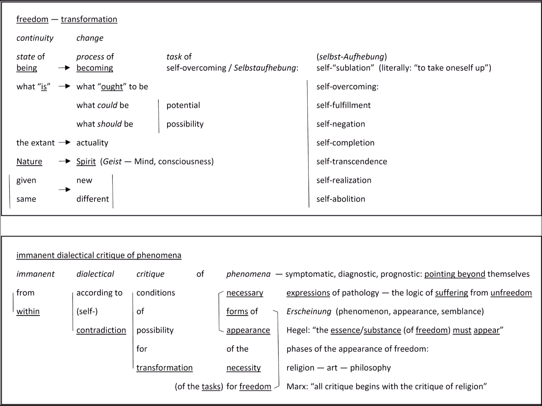So let me just, and I know this is super abstract, but let's think about how art has changed in the last 200 years, for example. Art has changed through a process where, if you look at the history, a pre-existing practice or form or tendency fulfilled itself but also negated itself, completed itself but also transcended itself, realized itself but also abolished itself.